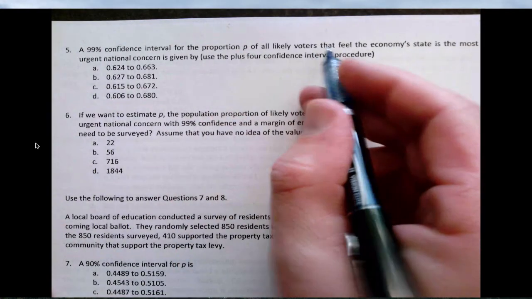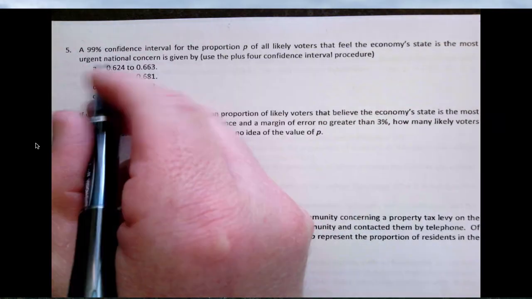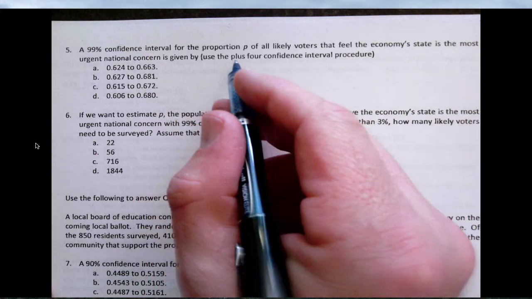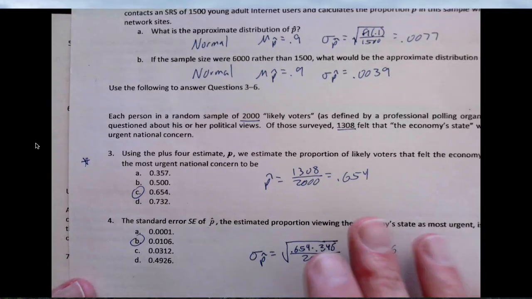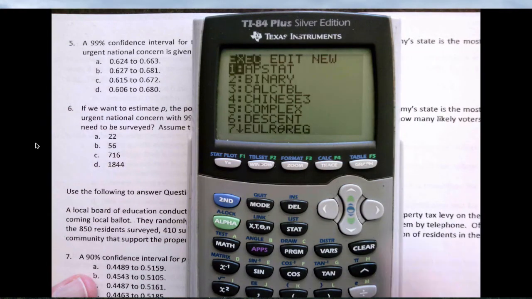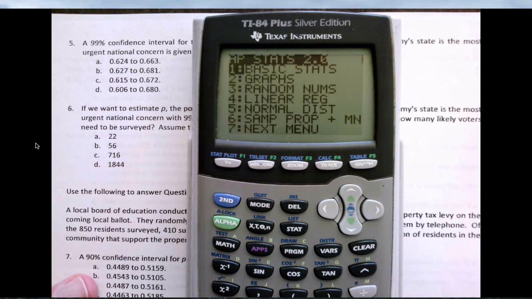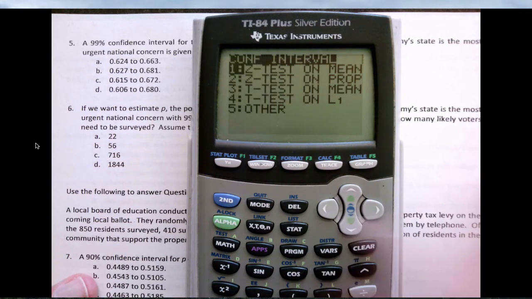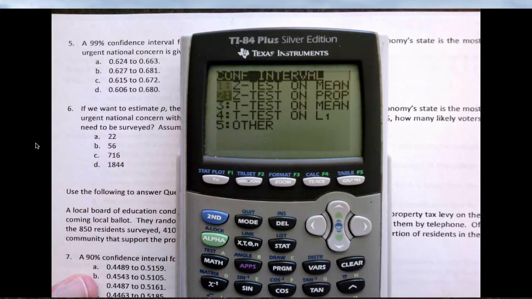A 99% confidence interval for the proportion P of likely voters who feel that the economy is the most urgent concern is given by, and use the +4 confidence interval procedure. So what I'm going to do here is take the same data I had on this one and run it as a 99% confidence interval. So program, AP stats, next menu, confidence intervals, and I'm running it on proportion, so it is a z-interval on proportion.